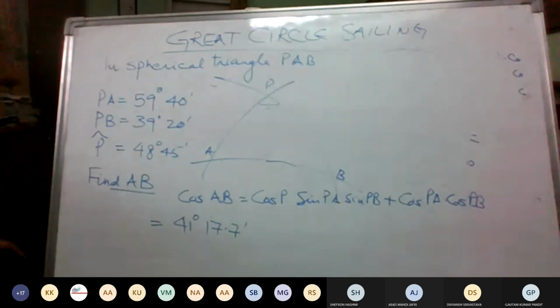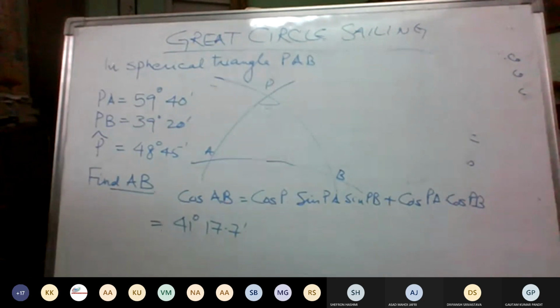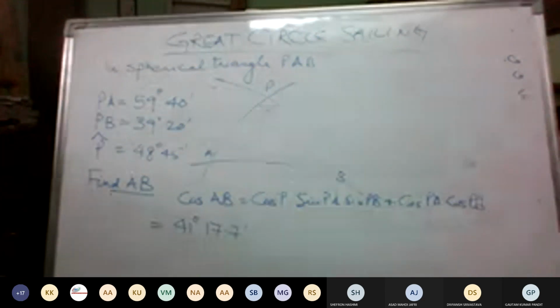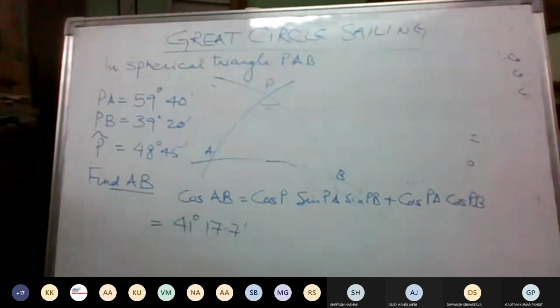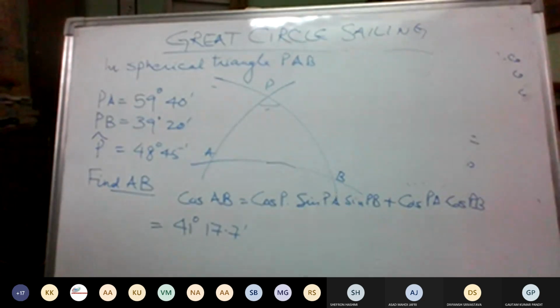Okay, so what we have done: if we know three sides of a spherical triangle, we can get any angle by using the cosine formula, cos of any angle, cos of opposite side minus product of cosine of adjacent sides divided by product of sine of adjacent sides.